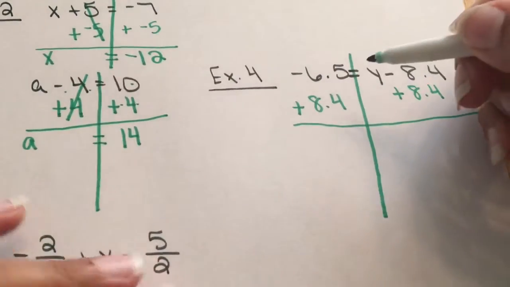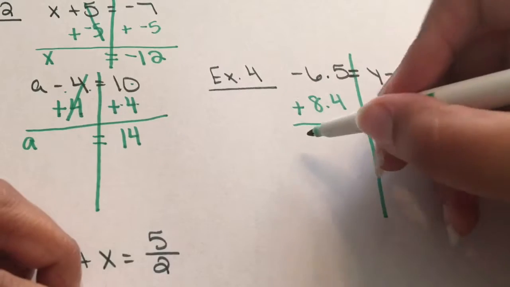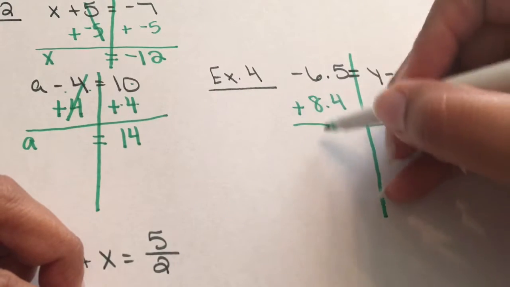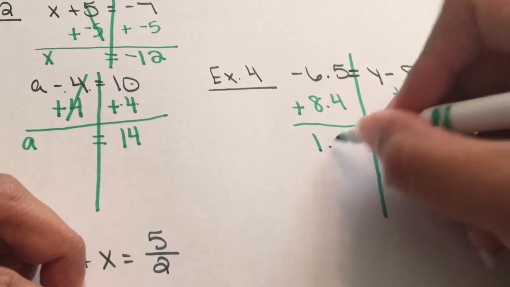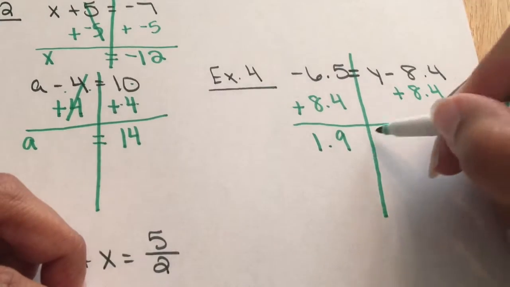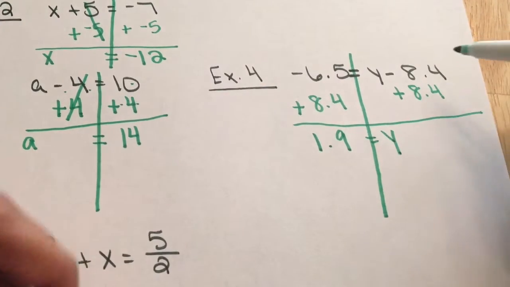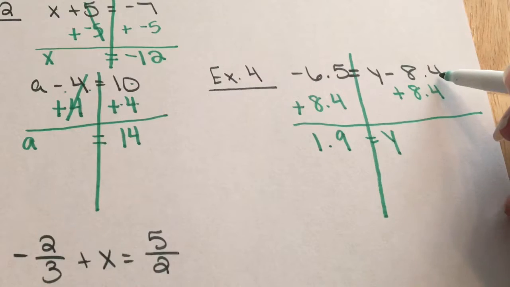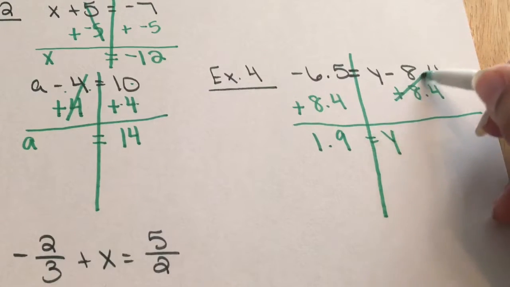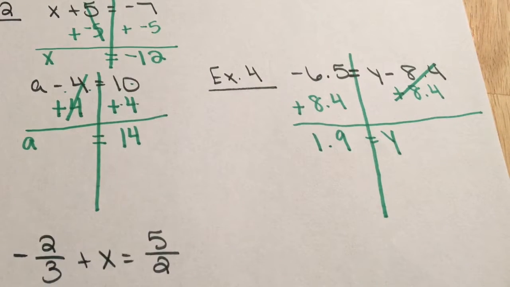Our larger number is positive, therefore we know our answer is going to be positive. They're different signs, so we're just going to subtract those, and we should get 1.9. We're going to bring the y down since nothing happened to that. And a negative 8.4 and a positive 8.4 is 0. So those will cancel out, and we're left with our answer, which is 1.9 is equal to y.